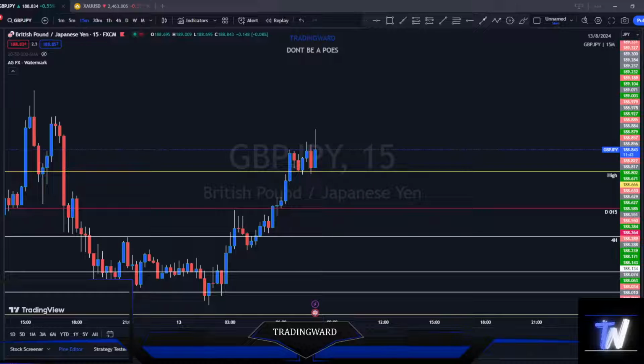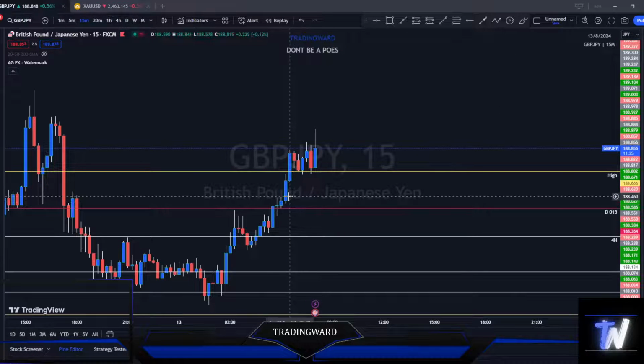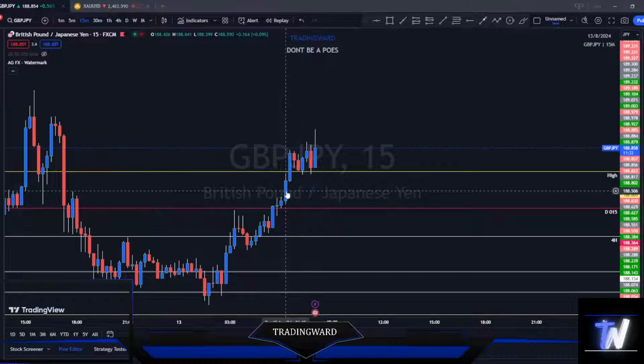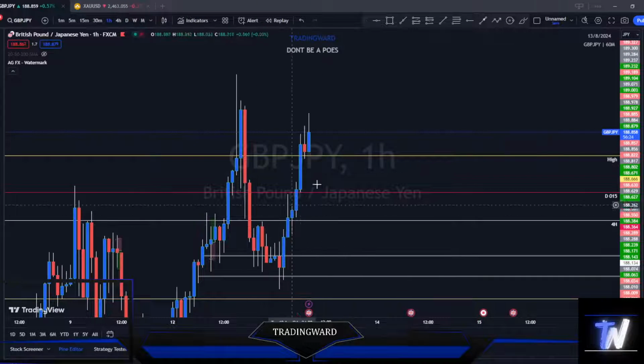I played it on the structure. I'm just waiting to see where it plays out, or where it sets up on the hourly. Does it look like we're going to get a double bottom here or whatever?